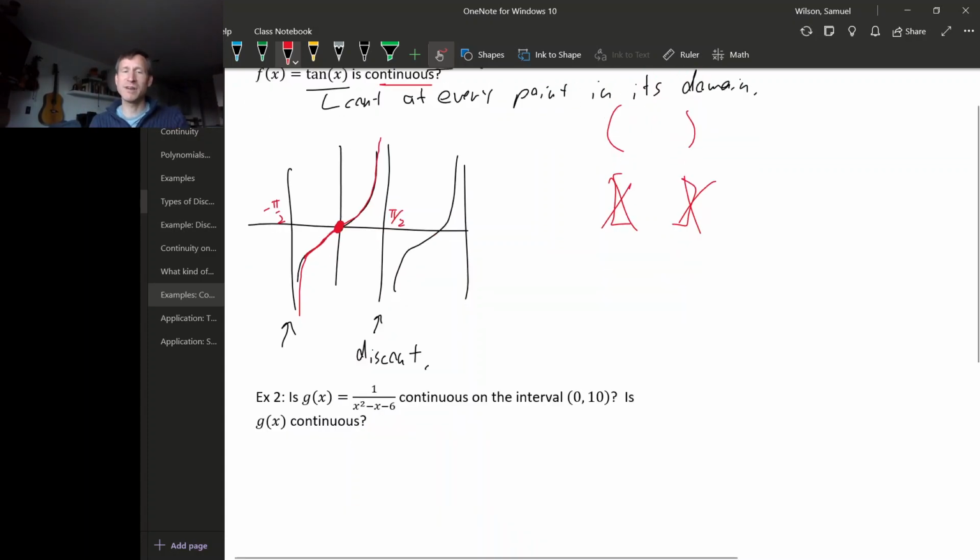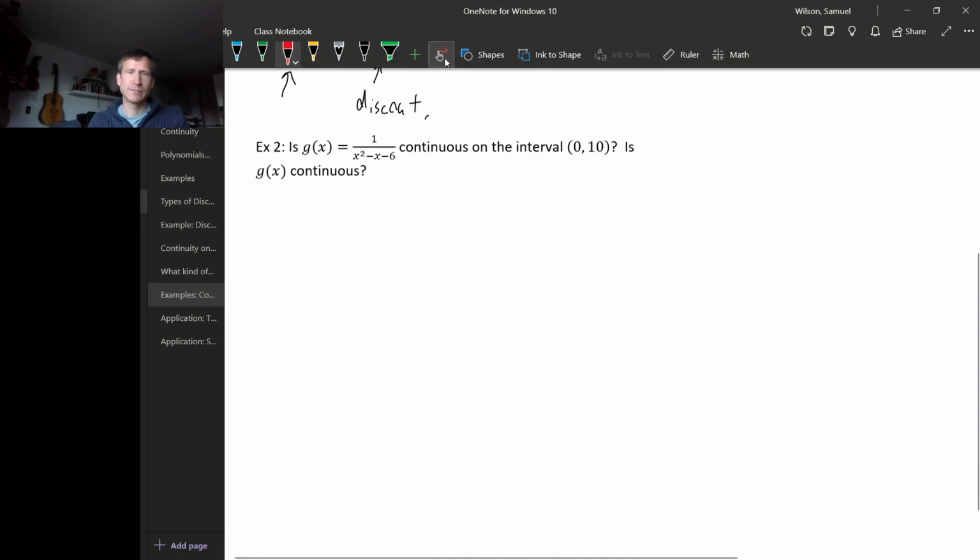All right, for one more example, let's ask about the continuity of this rational function. So is it continuous on this interval from 0 to 10? And is it continuous full stop? Well, this is a rational function, so the answer to the question, is it continuous, is yes.